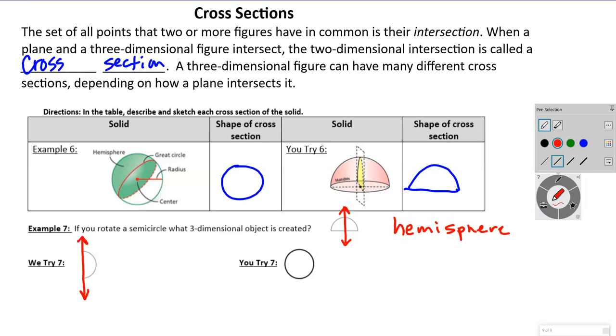So we're going to now rotate that hemisphere, which is oriented vertically, right? So this time, aren't we going to get a sphere? Okay. And then we're going to rotate this one through its center all the way around. And what are you going to get again? Another sphere, right? That's it.